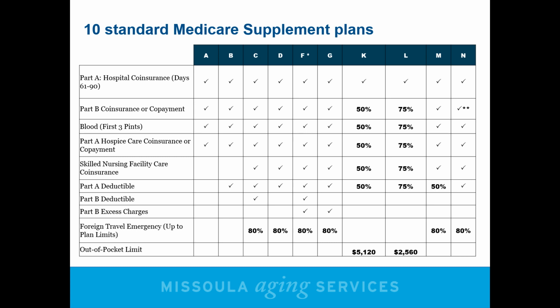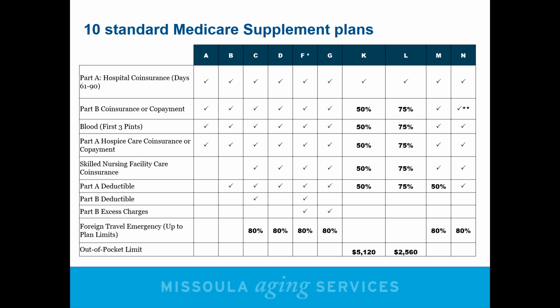Here are those 10 types of plans, Plan A through Plan N. An important thing to clarify here is that there are two lettering schemes going on, right? There's Medicare Part A that covers hospitals, Medicare Part B that covers outpatient medical.